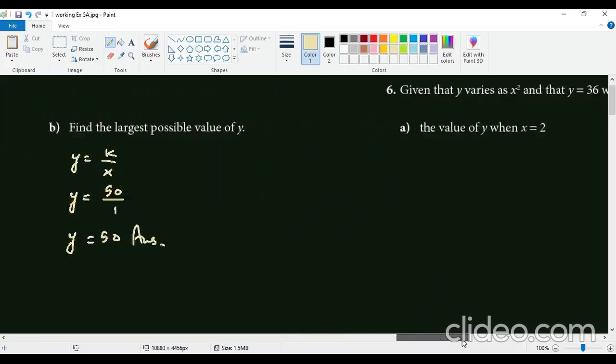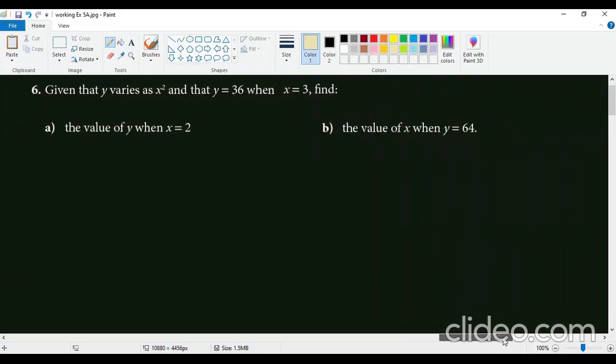Moving on to the next question. Here, this is directly proportional. That means we need to find the value of constant k.